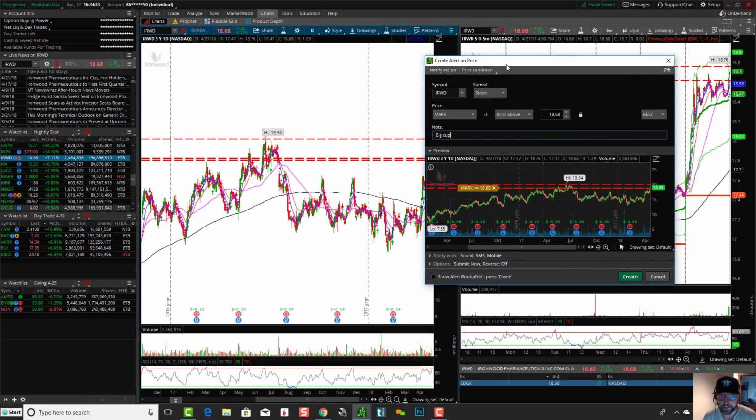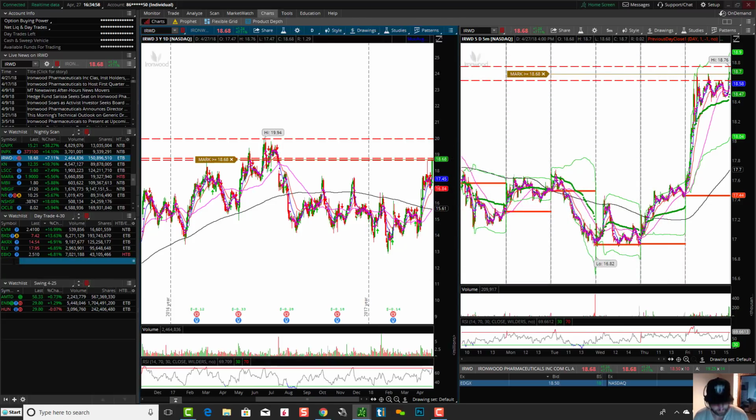Big cup on the daily. Watch for continuation with resistance below $20. There we go.